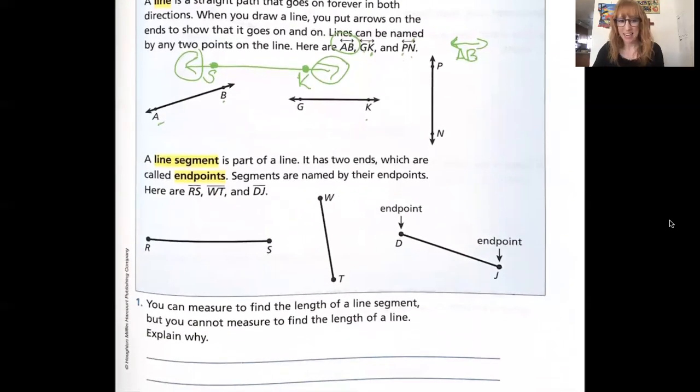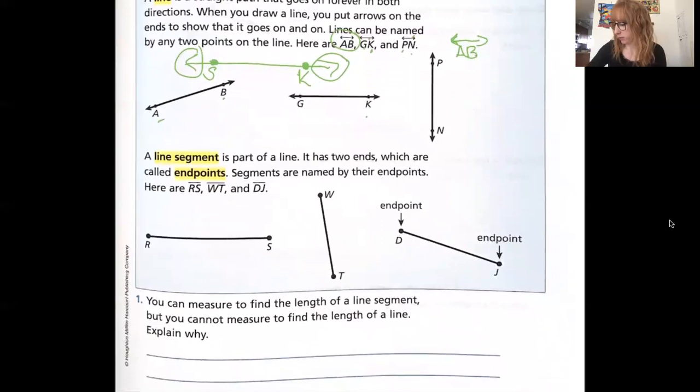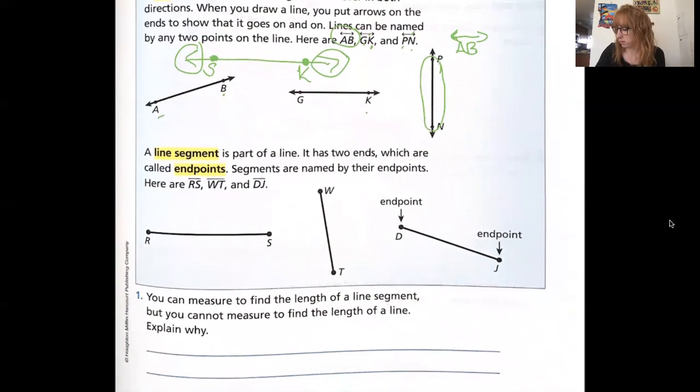A line segment is a part of a line. So it's just a piece. So for example, up here, it would be just this piece. It has two endpoints. Segments are named by their endpoints. And then we read it as line segment RS.